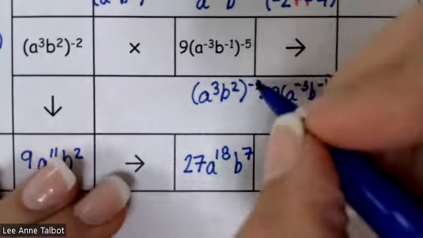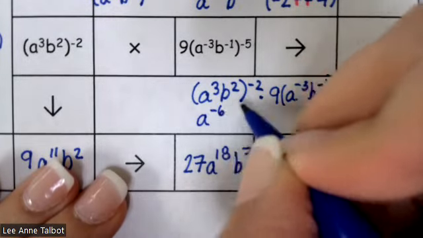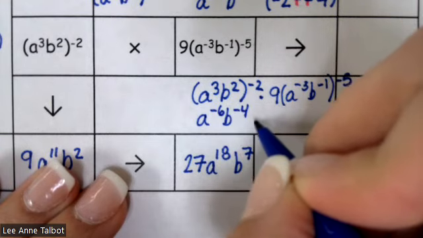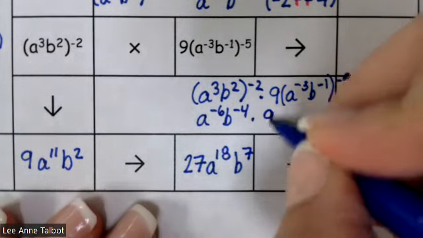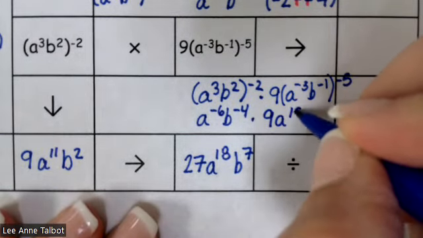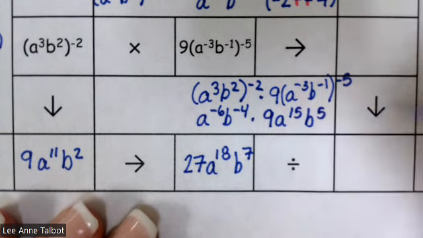Okay, now we're going to multiply the exponents. So a to the -6, b to the -4 times 9, a to the 15, b to the 5.